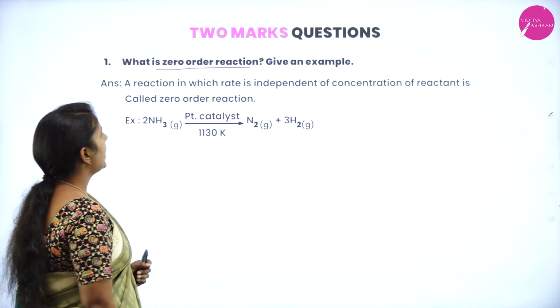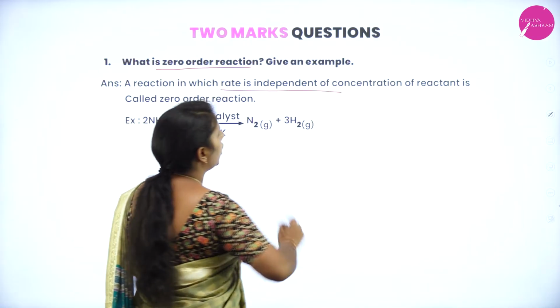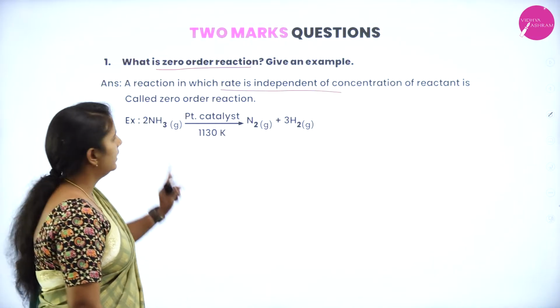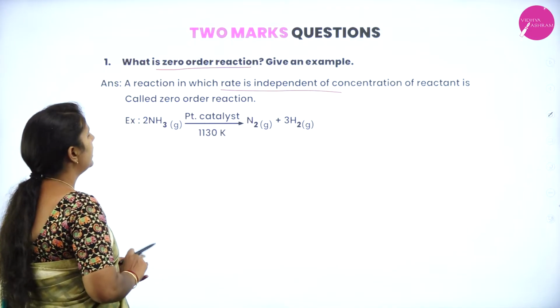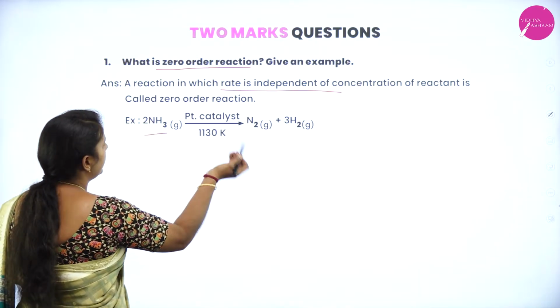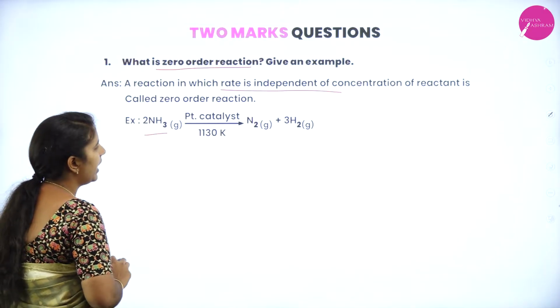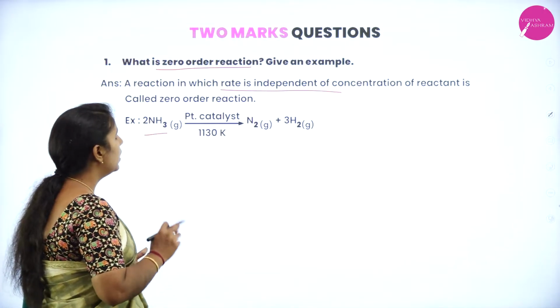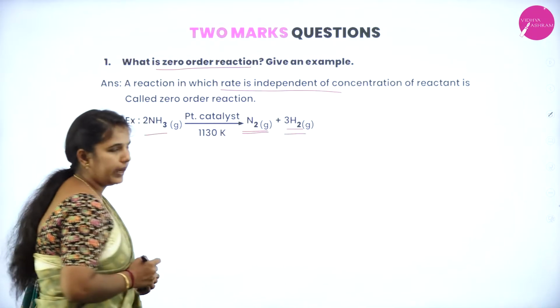The reaction in which the rate is independent of the concentration of the reactant is said to be a zero order reaction. Here we have an example where ammonia is decomposed, catalyzed by platinum at very high temperature, around 1130, giving rise to nitrogen and hydrogen.